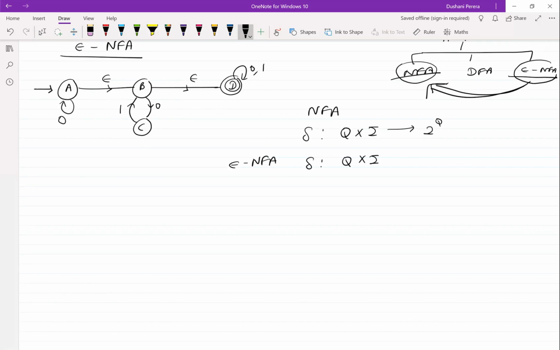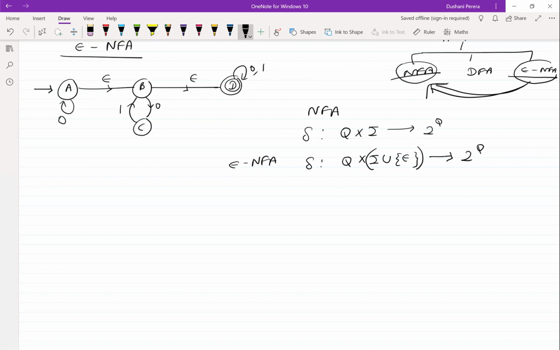Instead of A, B or whatever the symbols in the alphabet, you can get epsilon as well. So we have to say this union epsilon. Yeah, Q cross sigma and sigma or the epsilon, either one. That will take you to 2 to the power of Q. That is how you define epsilon NFA.